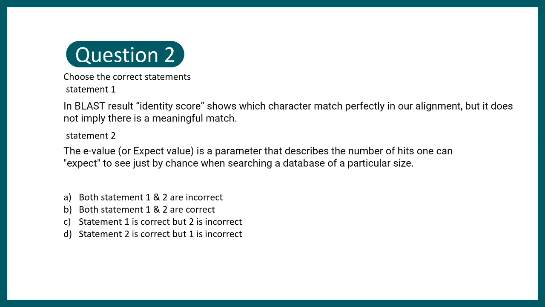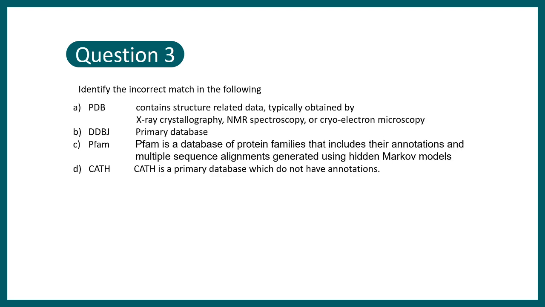Both these statements are incorrect, both these statements are correct, one is correct but 2 is incorrect, 2 is correct but 1 is incorrect. So if you have guessed correctly, the correct option would be option B. Both these statements are correct, and you need to really take note of these kinds of questions. BLAST is one of the very important topics from which you can expect a question in GATB. Okay, identify the incorrect match in the following.